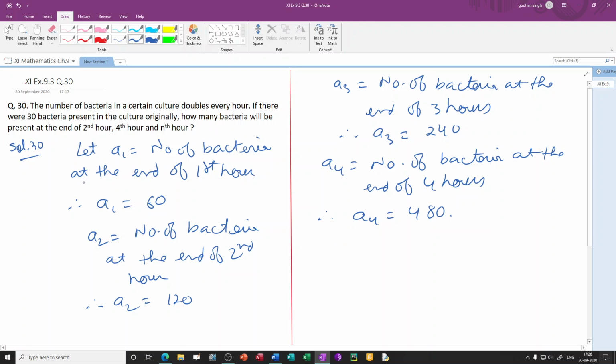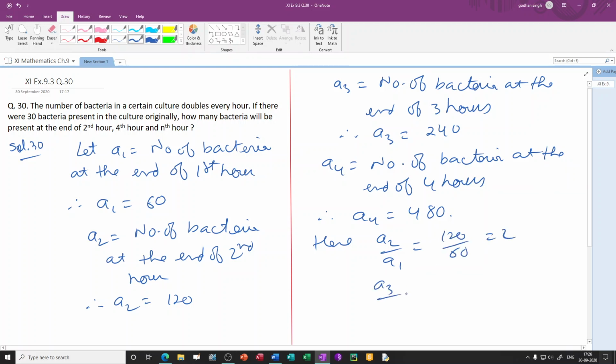We can see here every time the bacteria are becoming double, that means this is a GP. A2 by A1 equals 120 by 60, which is 2.